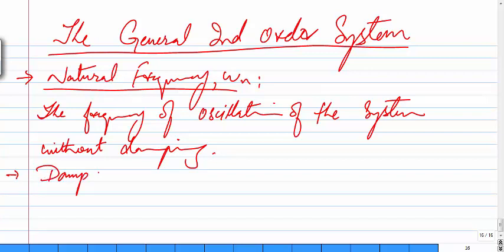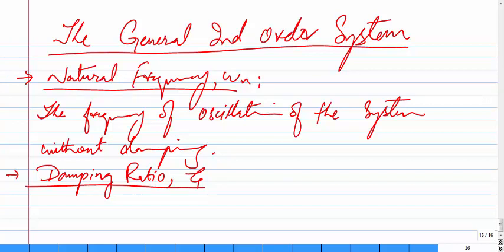The next thing that we need to know is the damping ratio, normally represented by zeta. What is zeta?